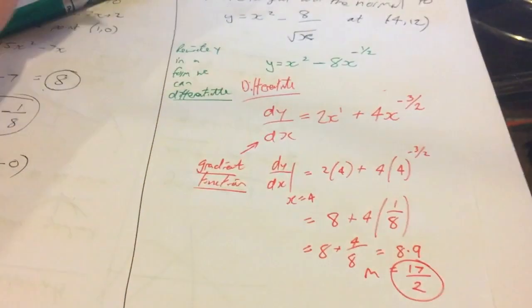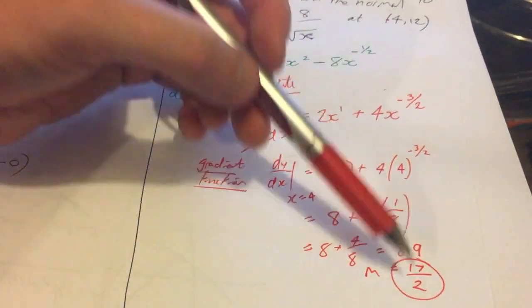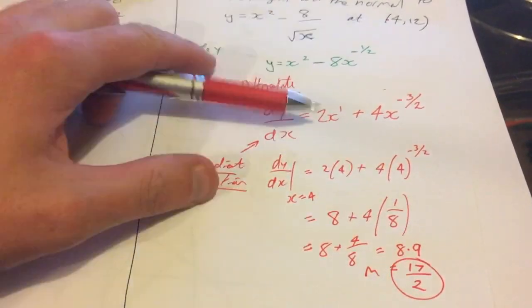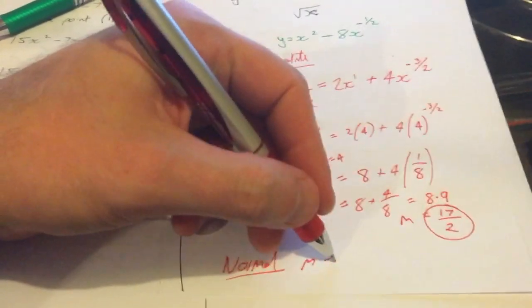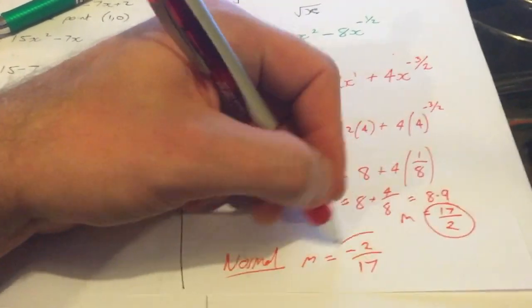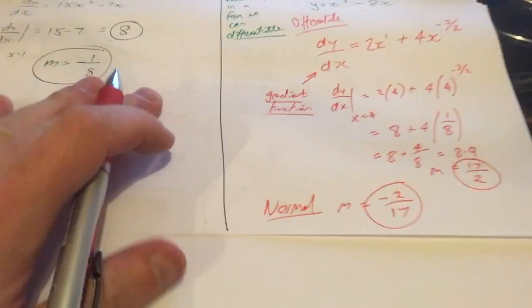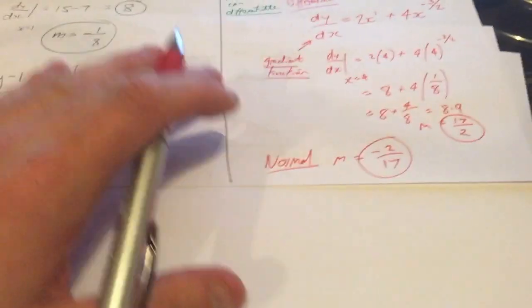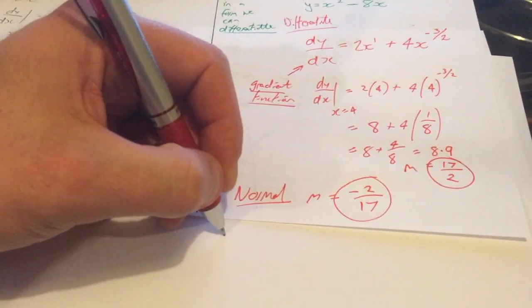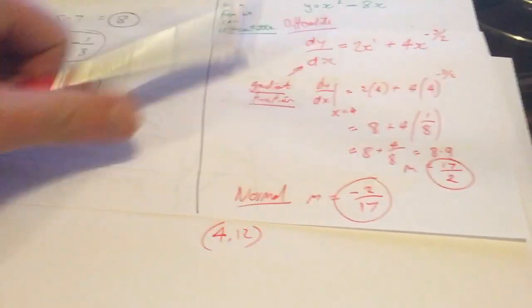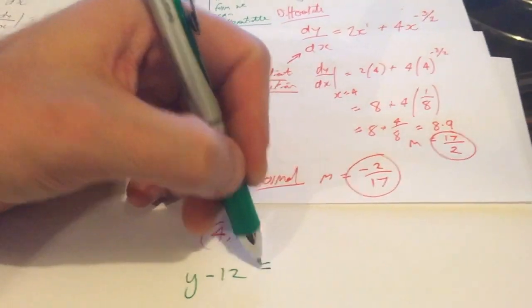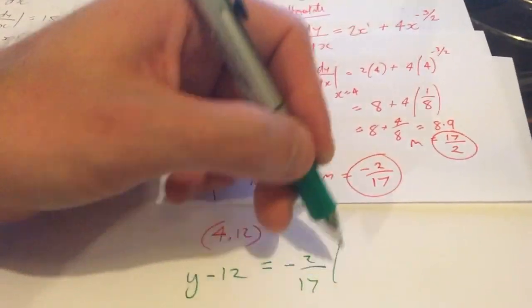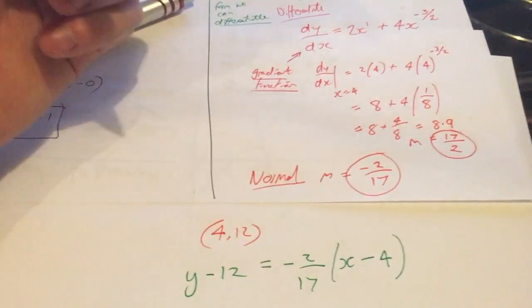So that's our gradient. So our normal gradient is going to be the negative reciprocal of that. So normal is going to be minus 2 over 17. Lovely gradient there. And then to work out the equation of this line, our point, remember, was (4, 12). So if we do y minus 12 equals minus 2 over 17, x take 4.